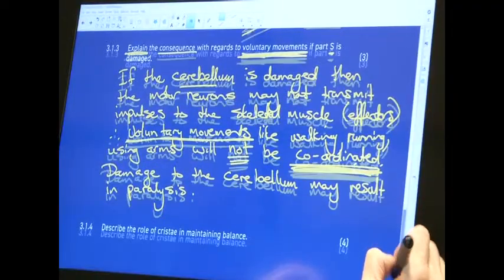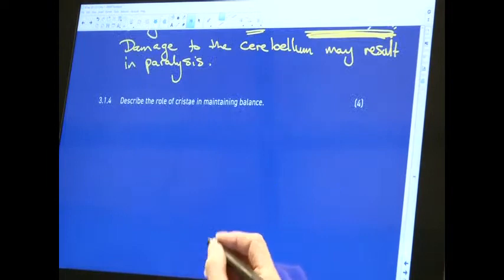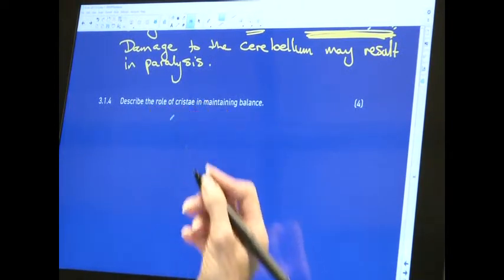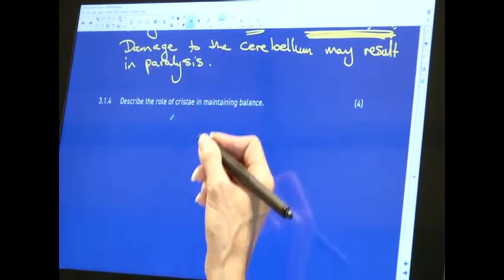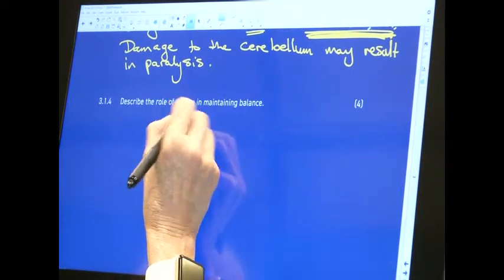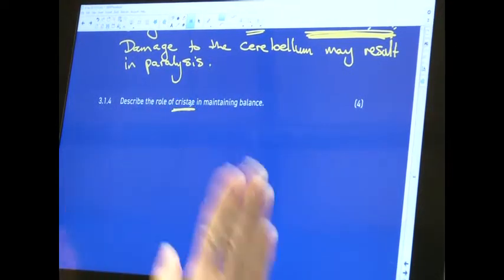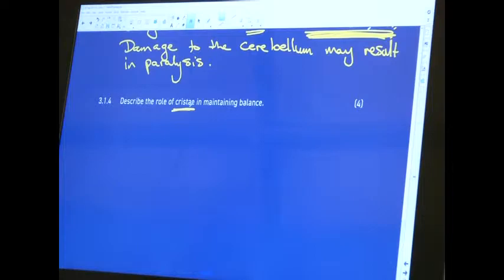Okay, we need to go down. Describe the role of the cristae in maintaining balance. This is something to do with the ears. It's got nothing to do with the brain either. People, remember that the cristae are found inside the ampulla of the semicircular canals in the inner ear.